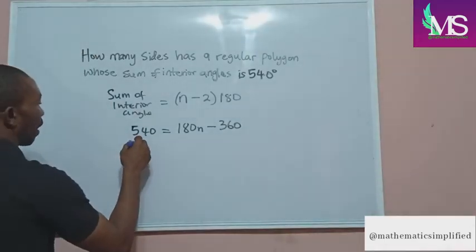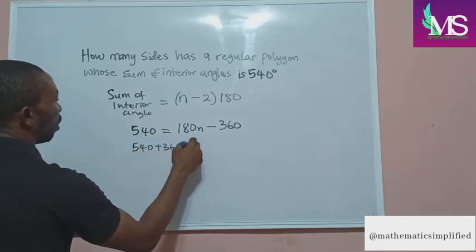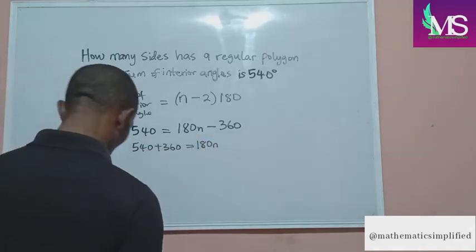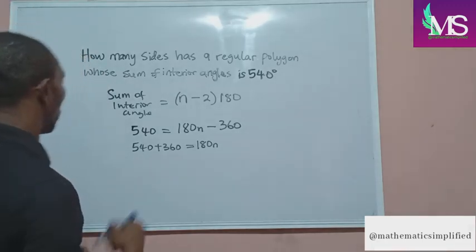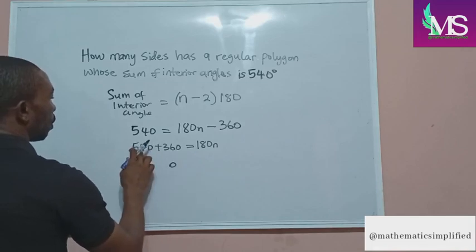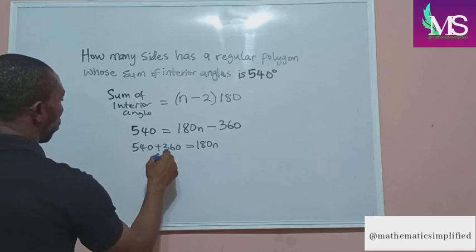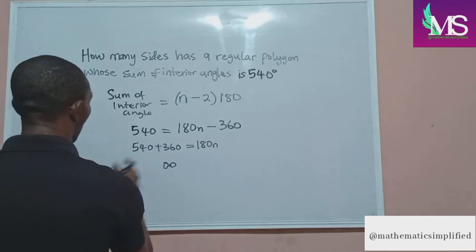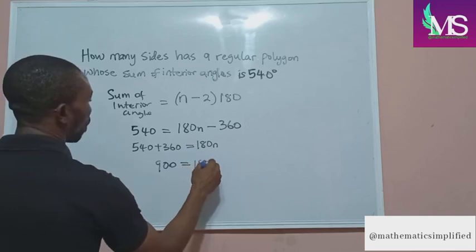This will become 540 plus 360 equals to 180n. Now 540 plus 360: 0 plus 0 will give us 0, 6 plus 4 will give us 10, so write 0, carry 1, 8 plus 5 plus 3, 8 plus 1, 9, so 900 equals to 180n.